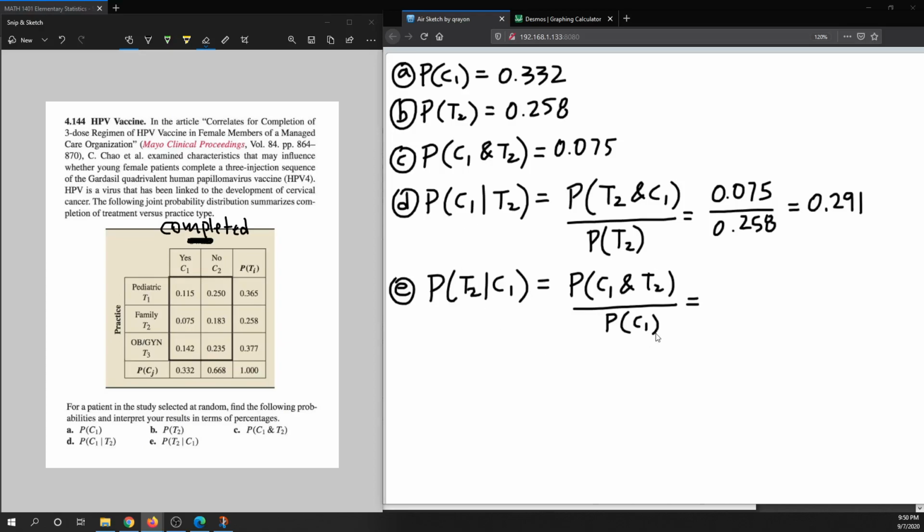Okay, and so we have all those things already calculated out. We know that the probability of C1 and T2 is 0.075. We know that the probability of C1, right, is 0.332.